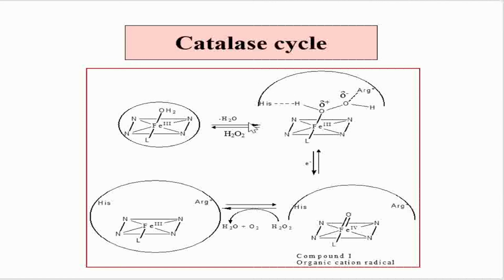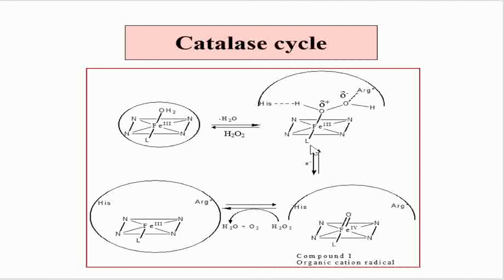And the catalytic cycle of this catalase enzyme occurs in two steps. In the first step, this enzyme will bind to this H2O2 again, like the peroxidase, where the histidine and arginine help in the heterolysis of this oxygen-oxygen bond, and the imidazole group of this histidine will facilitate the proton transfer to this departing oxygen.